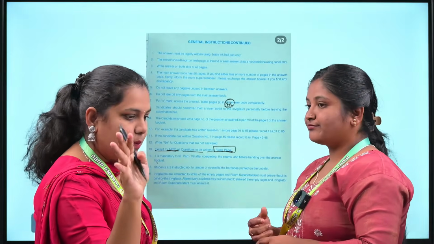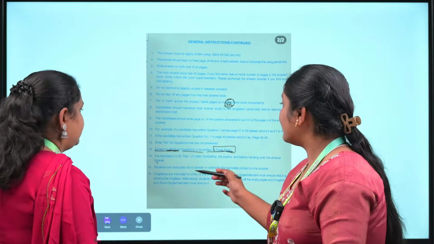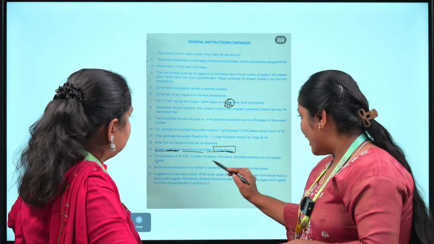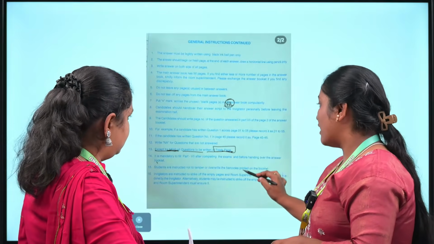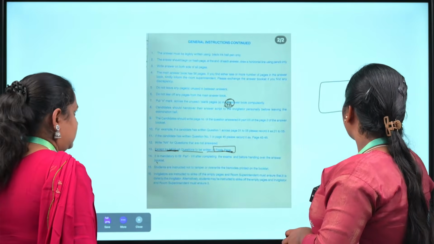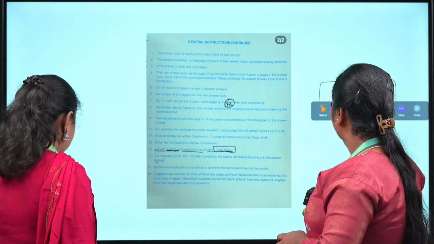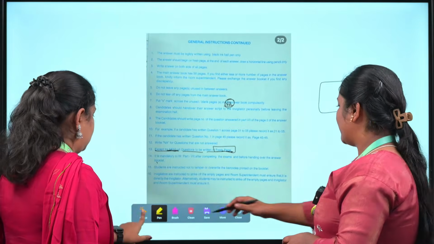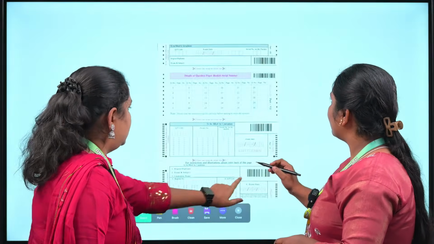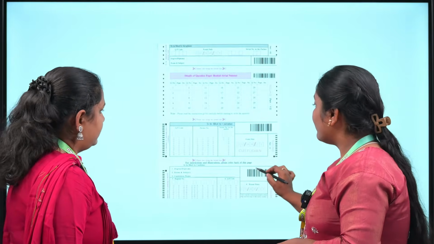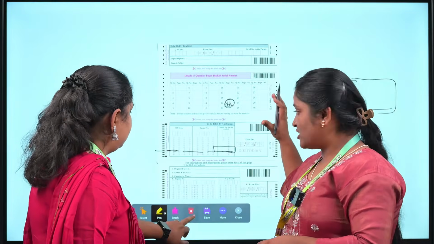The next one is that students are instructed not to tamper with or overwrite the barcodes printed on the booklet. Here we have the barcode at the top, and in each and every page we have the barcode.